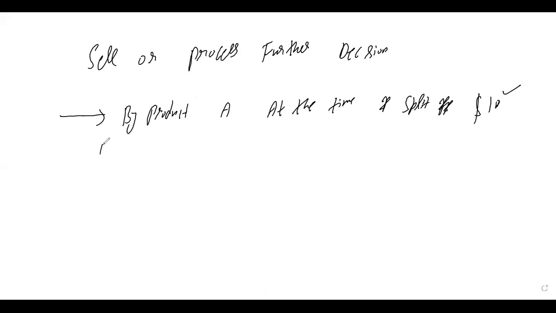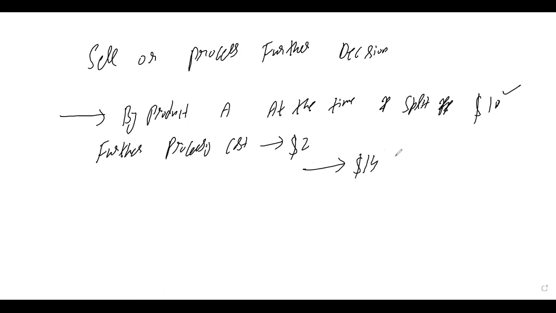If we process it further, we will incur $2 of further processing cost. But by spending the additional $2 on processing, we will be able to sell it for how much? The price will reach $14.